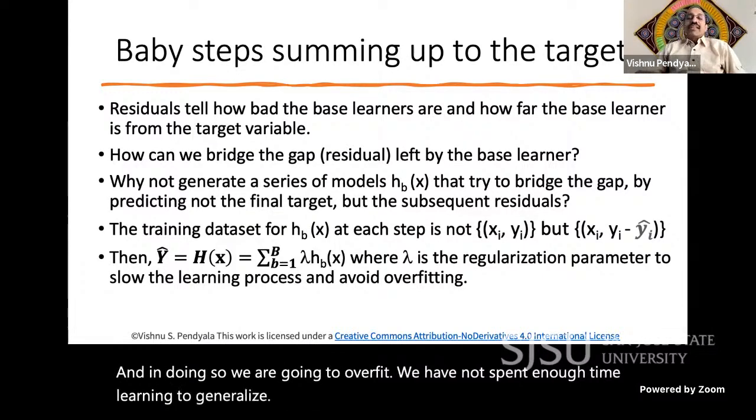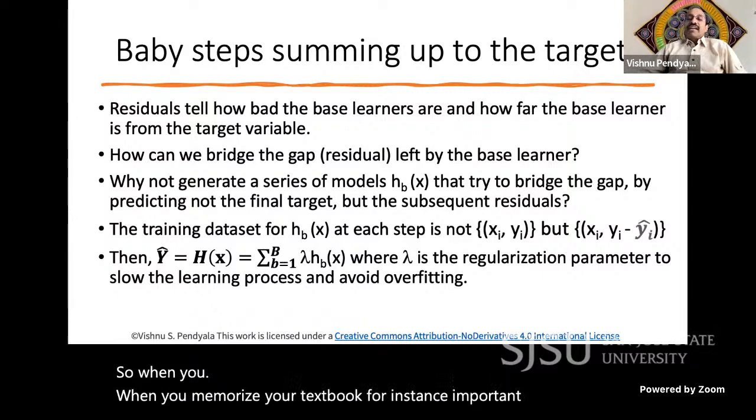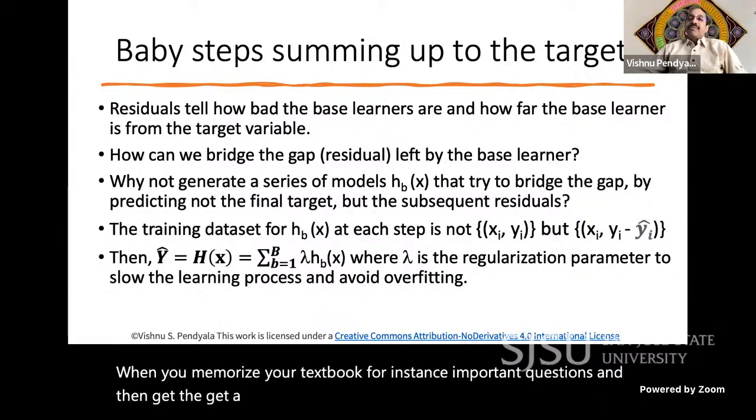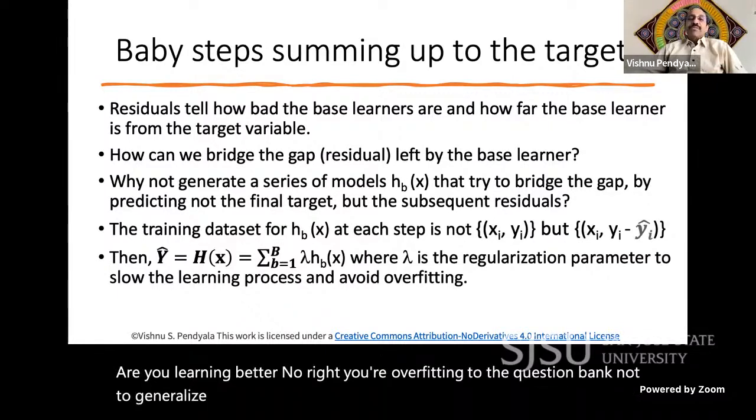So when you memorize your textbook's important questions, for instance, and then get a good grade in the exam, are you learning better? No, right? You're overfitting to the question bank, not to the generalized textbook. The same thing will happen if you don't introduce the shrinkage parameter.